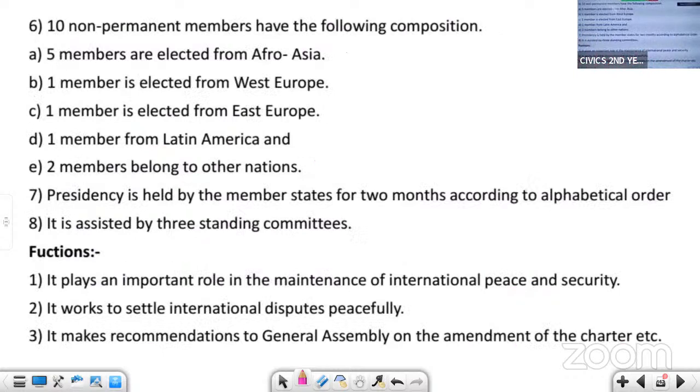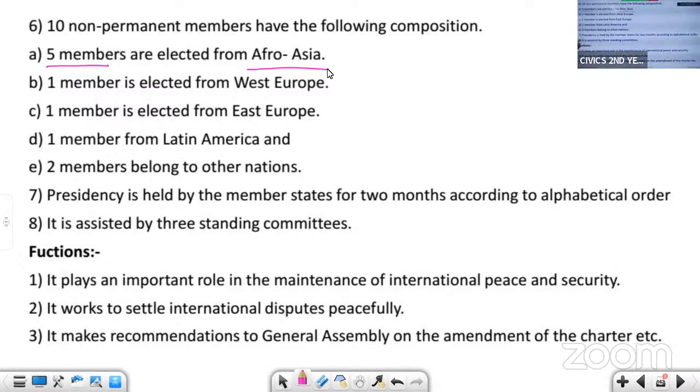So the non-permanent members will have the following composition. How are these non-permanent members elected? 5 members are elected from Afro-Asian countries, that is from the 2 continents, Africa and Asia.